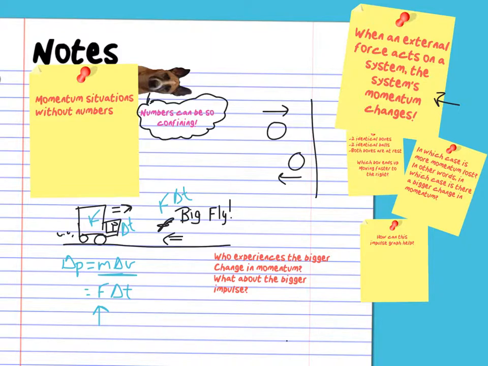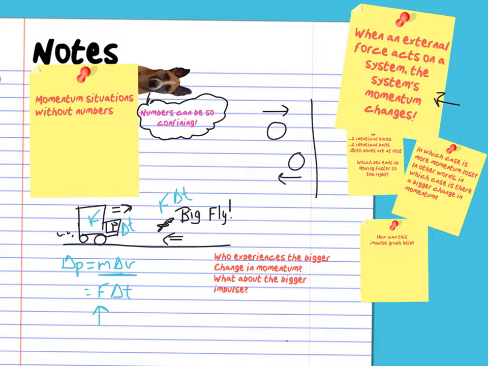So, an impulse equals the change in momentum. So, who experiences the bigger change in momentum? Neither. They both experience the same change in momentum, which means they both experience the same impulse.